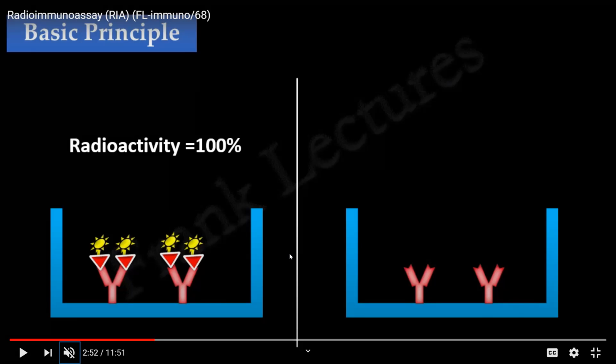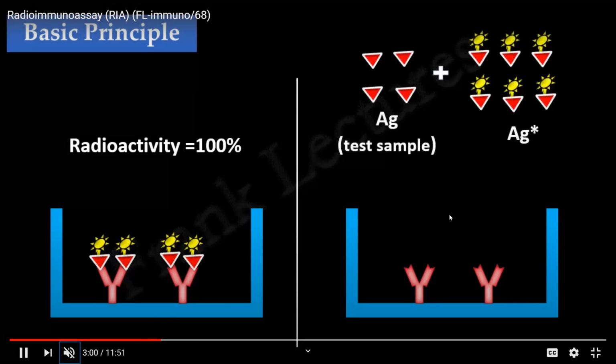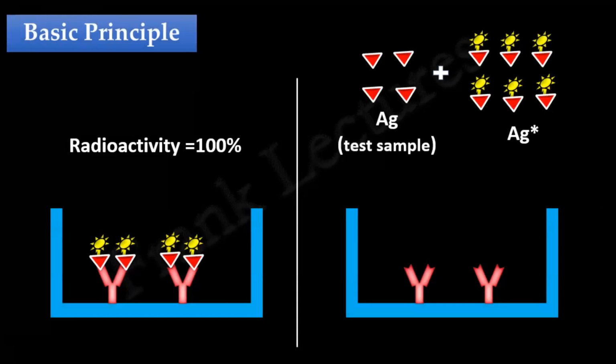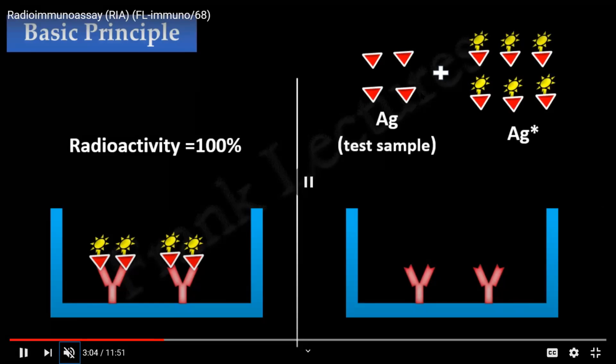Now we'll take another well, and again we have added antibodies to it. The antibodies have been immobilized here. Now we will be adding the test sample, that means a serum sample. That serum sample will consist of antigen.